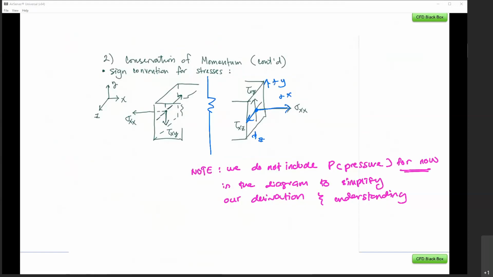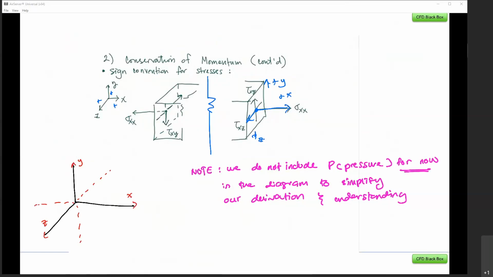So basically this is positive, positive, positive. If I use a different color for another axis over here, remember this is z, y, and this is x.